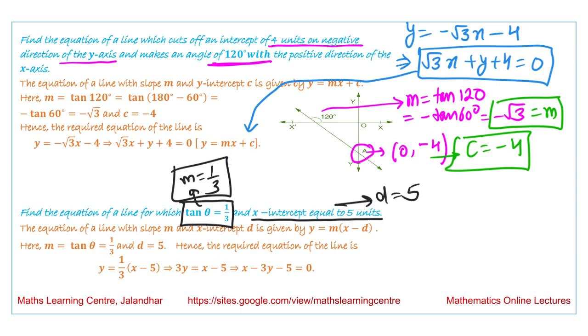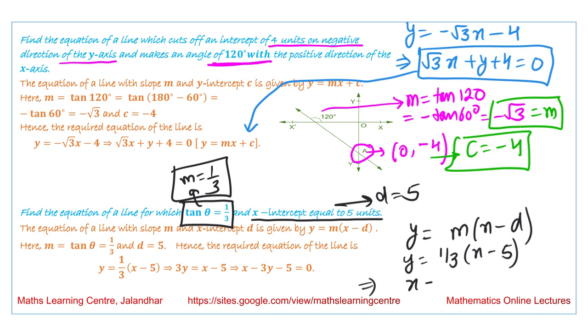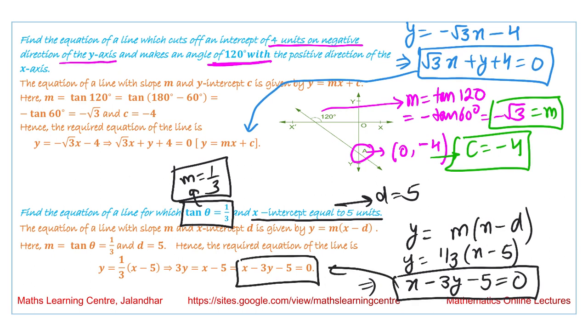So the equation, we know, is of the form y is equal to m into x minus d. So we get y is equal to 1 by 3 into x minus 5, and this implies x minus 3y minus 5 is equal to 0. So this is the required equation of the line.